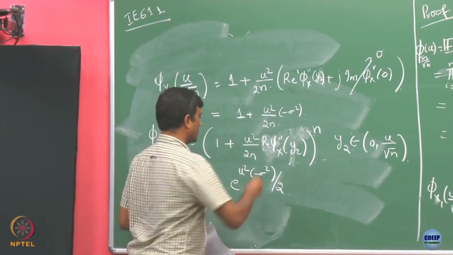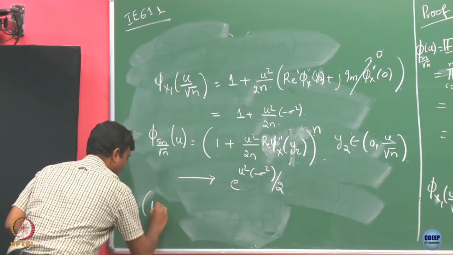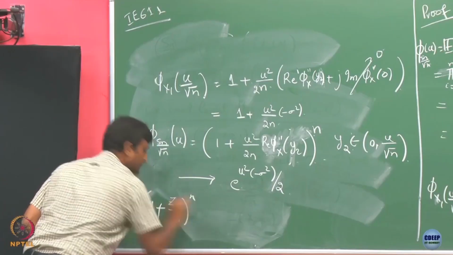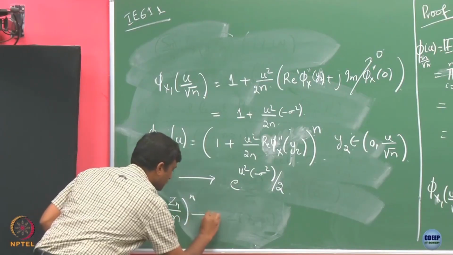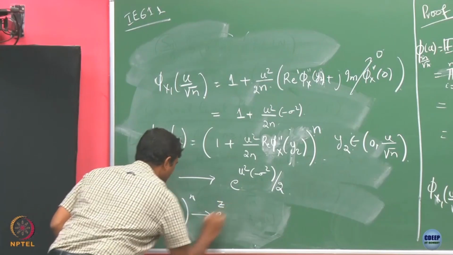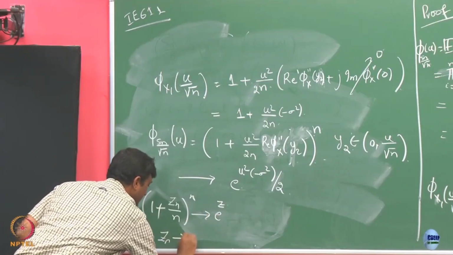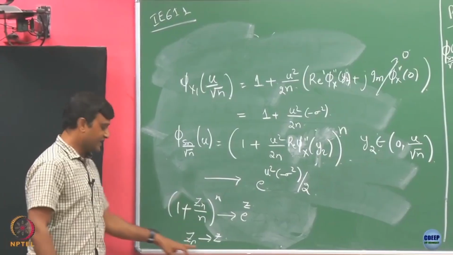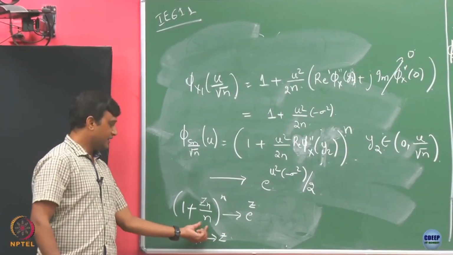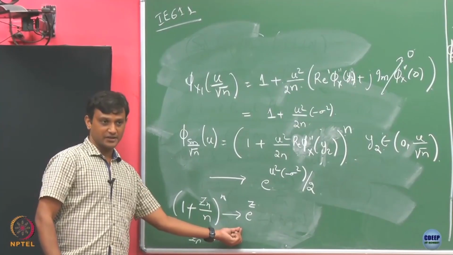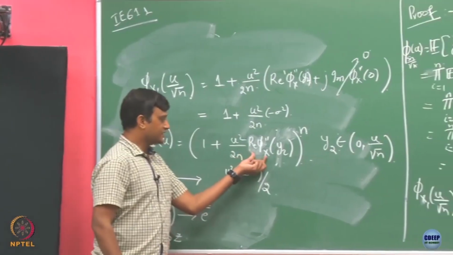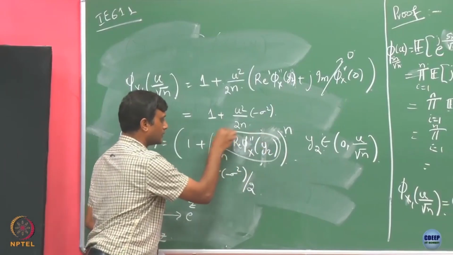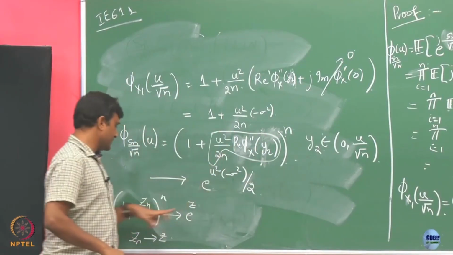Now, yesterday we discussed that if I have a sequence like this where Zn converges to Z, then this sequence converges to e to the power Z. Now look at this part and think of it as Zn.